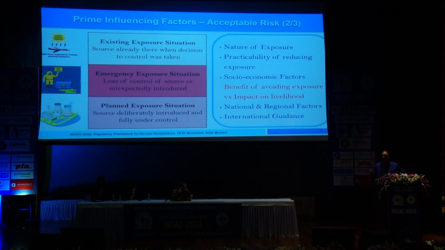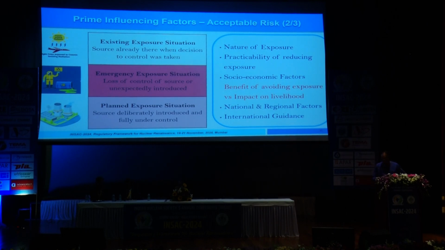In emergency and existing exposure situations, the dose criteria will be different. We will not call them dose limits or constraints; we call them reference levels. So acceptance criteria is the landing point. The regulator has to see what controls and safety systems need to be instituted so that the facility becomes acceptable to a regulator or to the public.